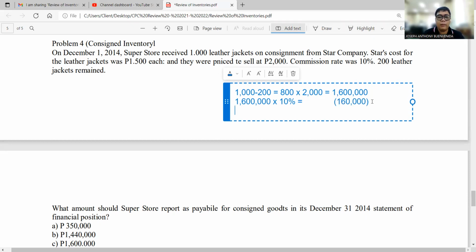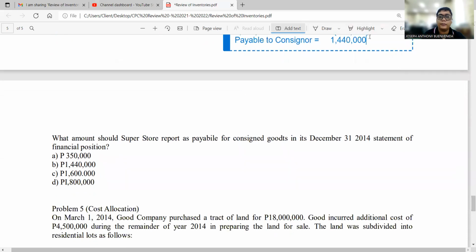So pila na lang aton payable to consignor? So 1,600,000 less the 160,000. So ang payable to consignor is 1,440,000. So letter B.